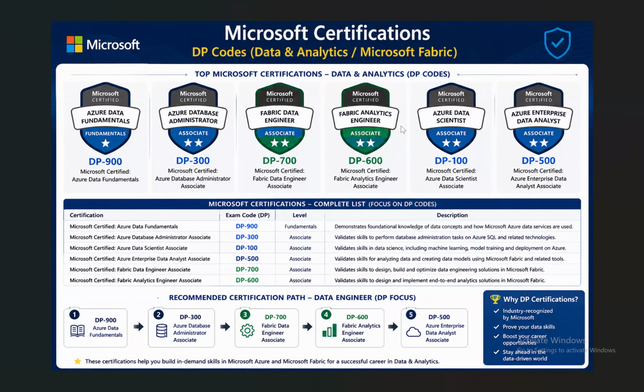Now we will be working on 600 and 700. So for data engineering, we had DP-203 earlier. Now we will have 600 and 700 and the basic 900 fundamentals.